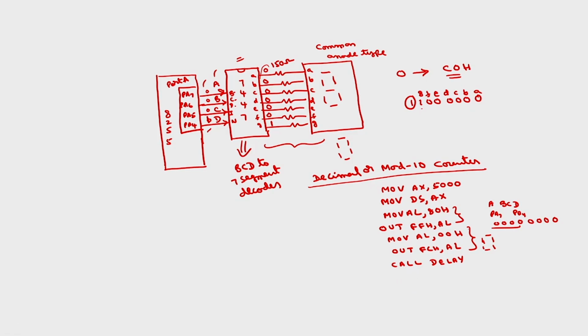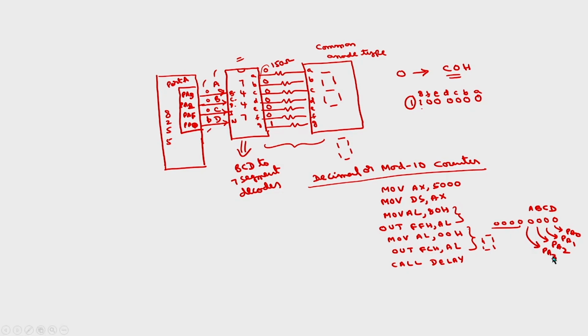Let us assume that this is PB3, 2, 1 and 0, so ABCD will be the last 4 bits. For the previous one also we can write the program, but it will be somewhat complicated. I am connecting this to PA0, this to PA1, this to PA2, this to PA3.